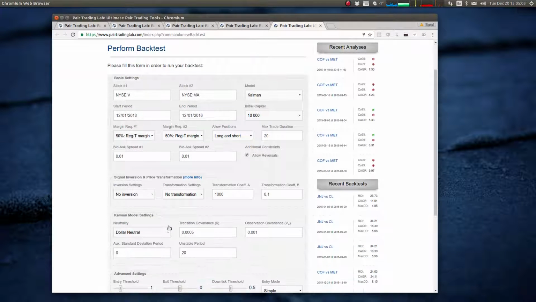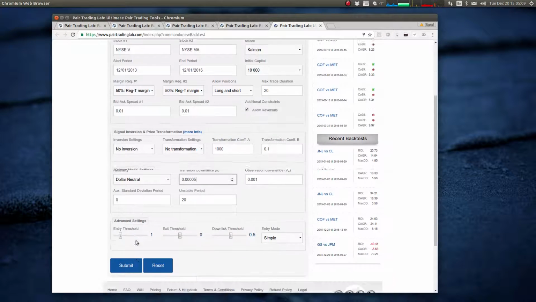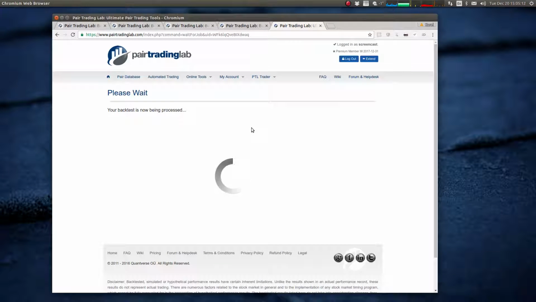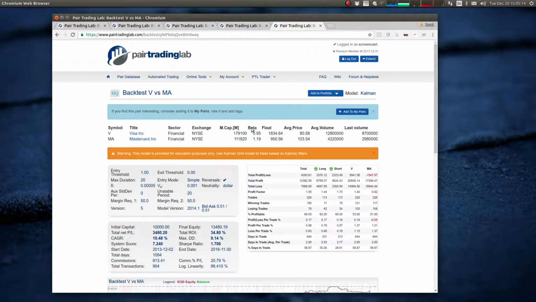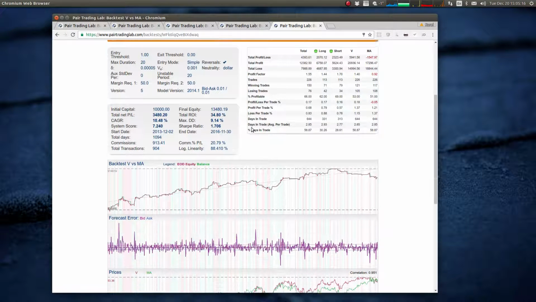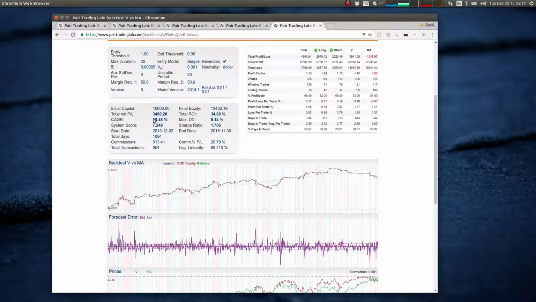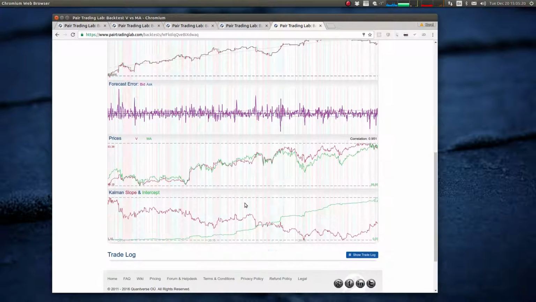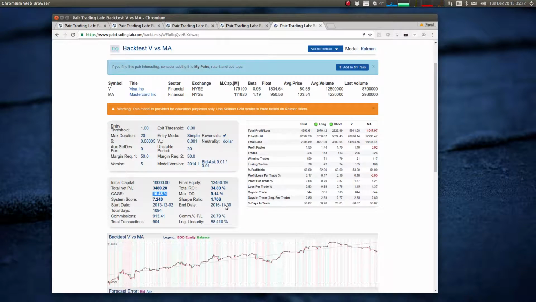So now I will just divide it by 10, for instance. Now this is very interesting. Yeah, good amount of trades.